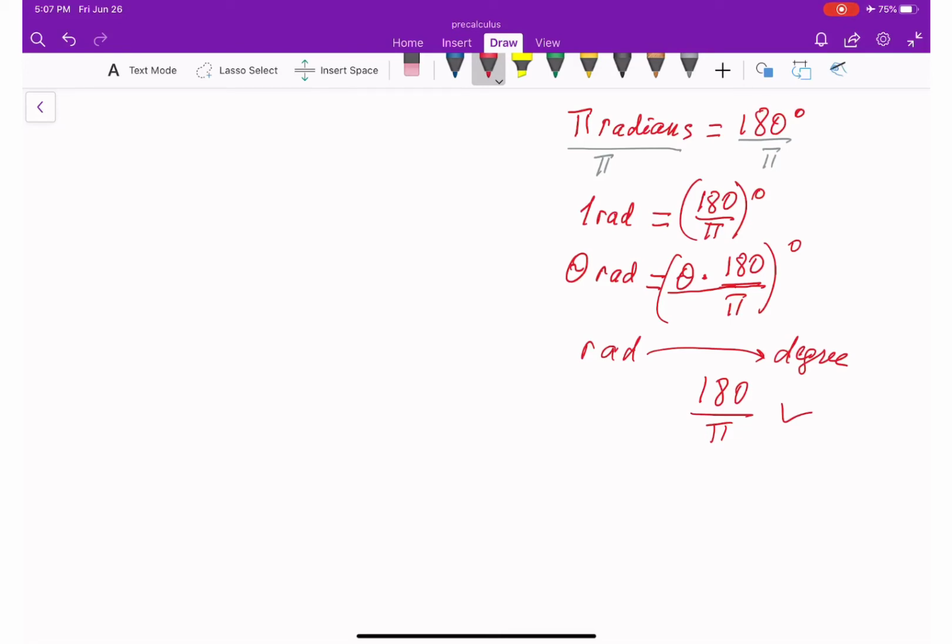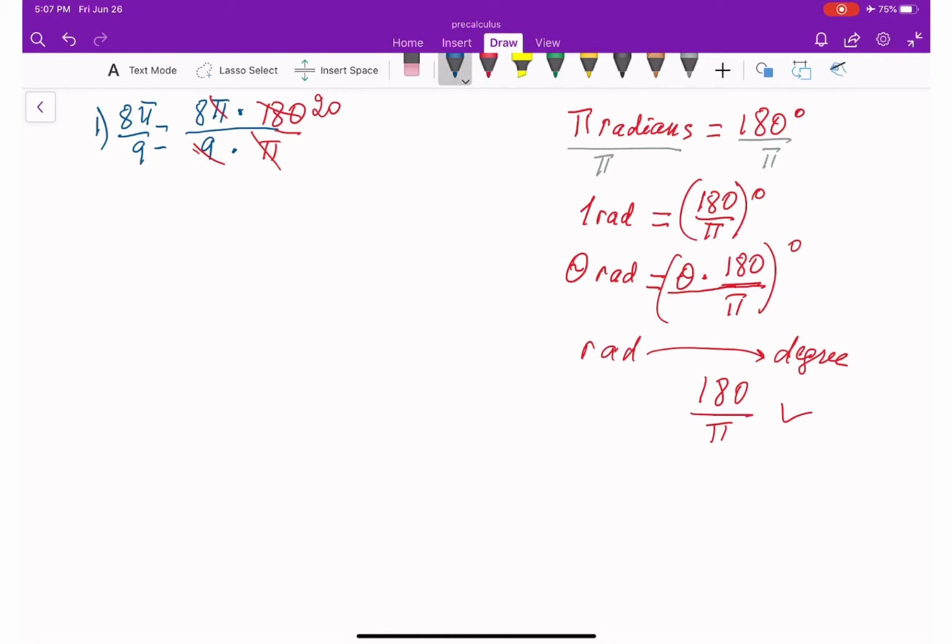All right. Let's do it. So 8 pi over 9 is equal to 8 pi over 9 times 180 over pi. So we're canceling this pi, right? 9 and 180, it's going to be 20.